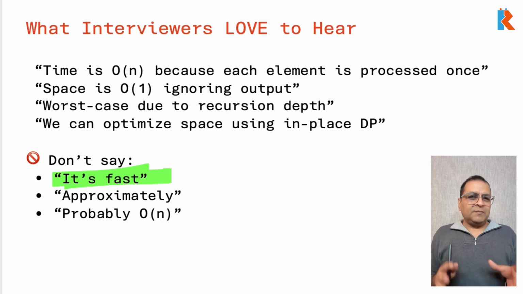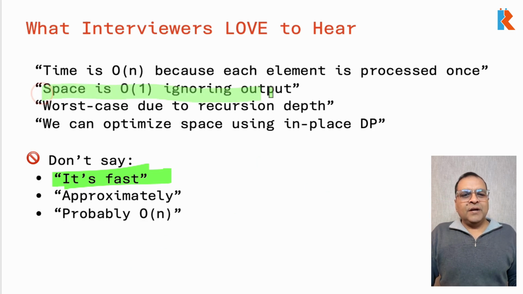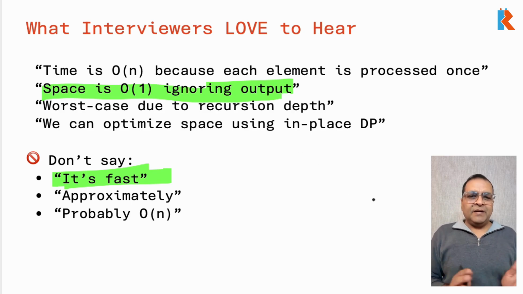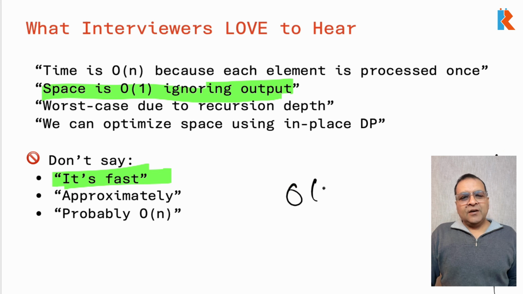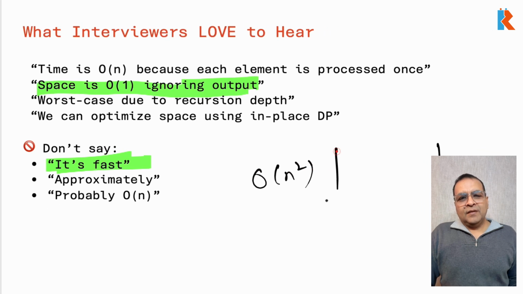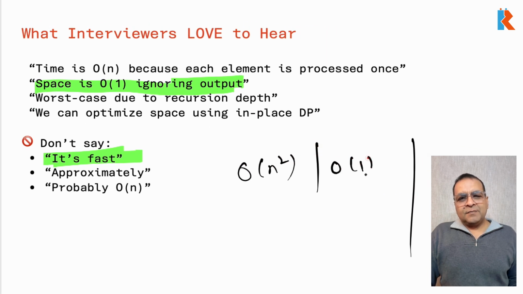Similarly, when we talk about the space, we should not be talking about approximations. We should be talking in terms of the asymptotic space complexity. We can say that the space is constant, big O of 1. In many questions, there is a trade-off between time and space. So there is one implementation which is taking order of n square time and it is taking constant extra space.